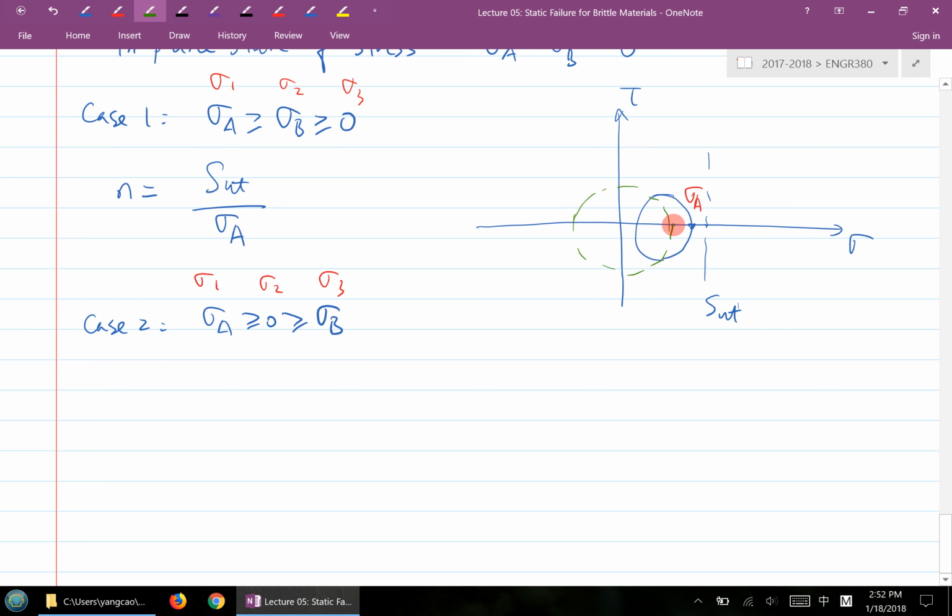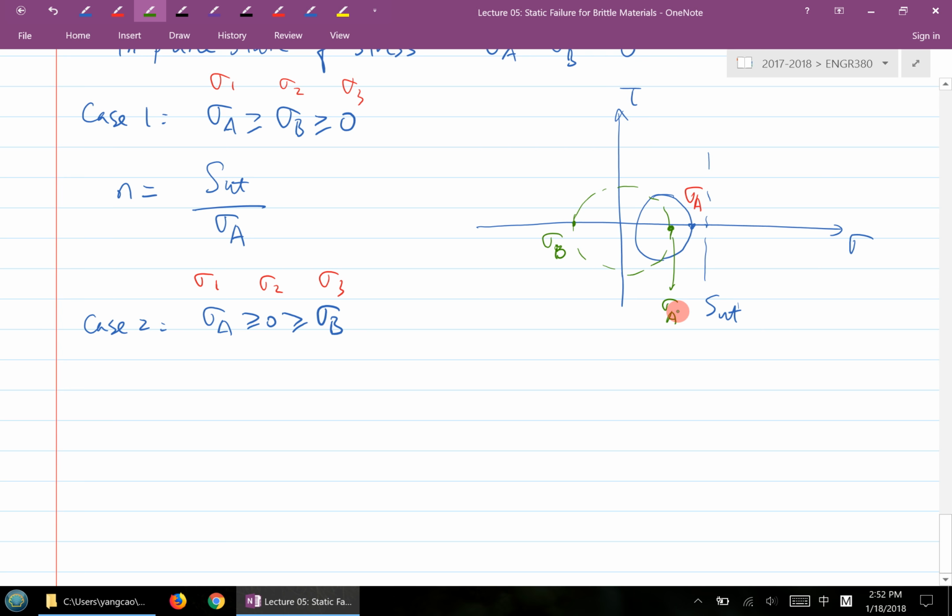Basically it'll cross both planes, both the left and the right side plane. Here's your sigma B, and here's your sigma A.